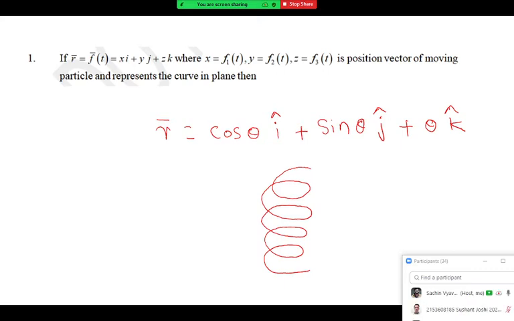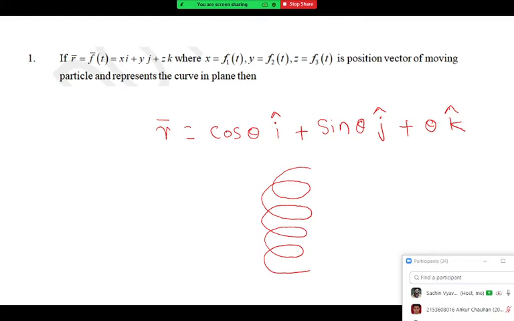We cannot say a spiral. Helical. Helix. Helix is the proper name, I think. That is a helix, a curve which is on the surface of a cylinder. But it is a 3D curve. So 3D curves are given like this in vector form.